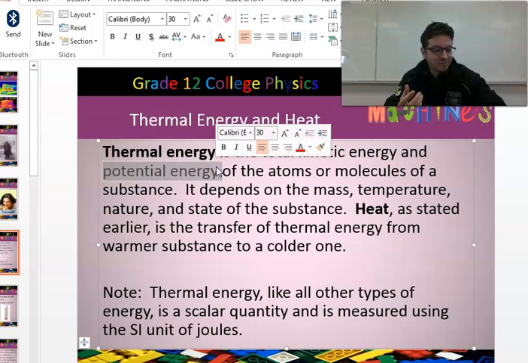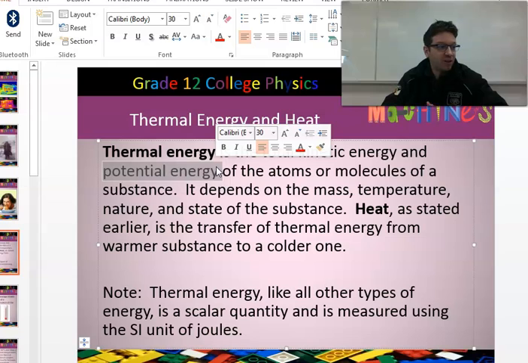And for example, comparing water at 0 degrees and ice at 0 degrees. So water, at regular atmospheric pressure, can exist as either a solid or a liquid at 0 degrees. Whether it's a solid or a liquid would give different amounts of potential energy.